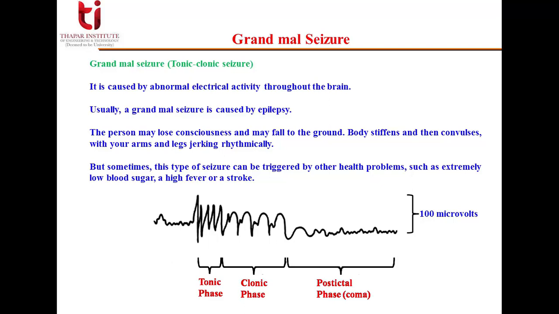It has rapid and high amplitude spikes in the EEG pattern. Clonic phase mainly represents repetitive jerks of muscles. It lasts longer than the tonic phase. The EEG pattern of this shows rhythmic spike waves matching the frequency of jerks. Last part of this is the state of unconsciousness, or we can say the coma.